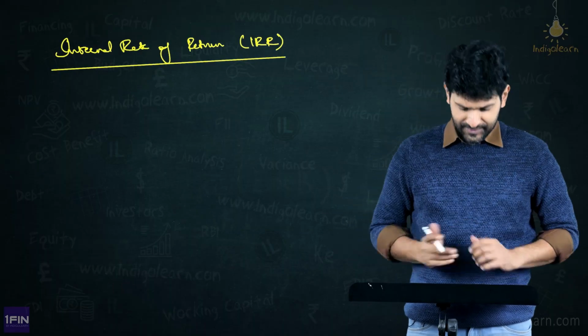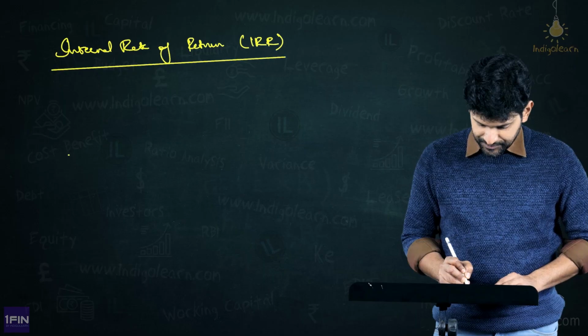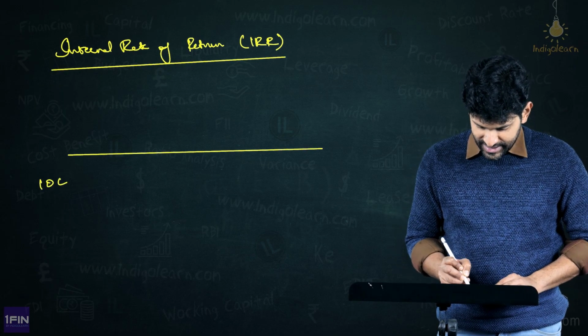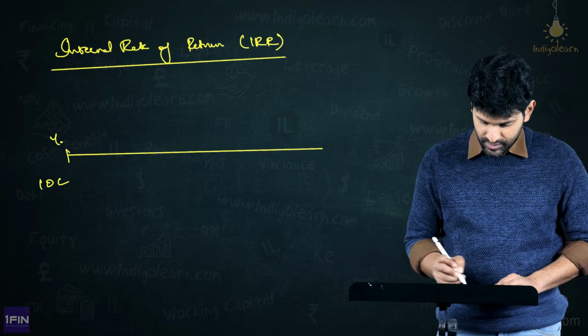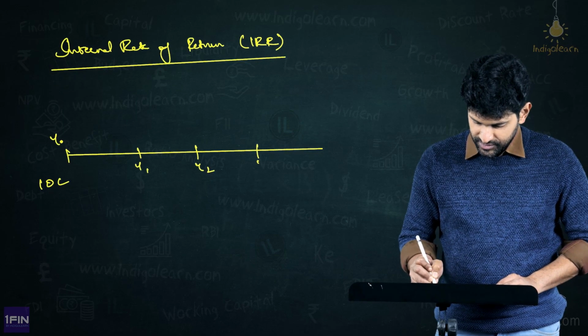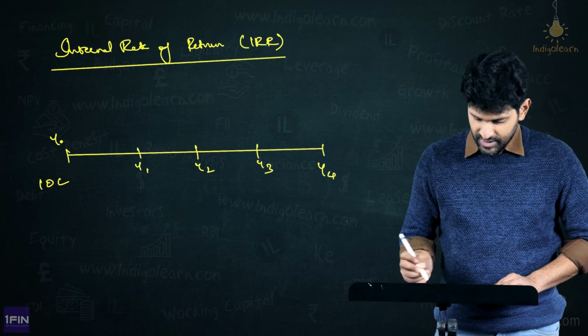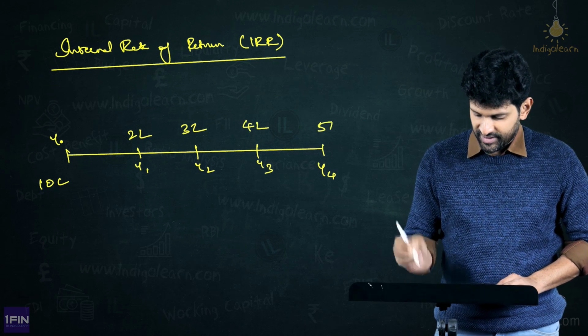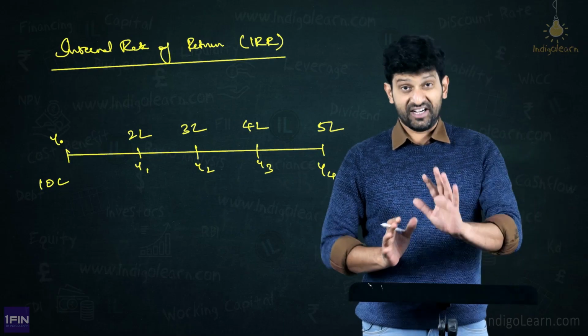Now, how do we understand? Let us say the initial investment is 10 lakhs, year 0. Now year 1, year 2, year 3, year 4. Let's say 2 lakhs, 3 lakhs, 4 lakhs and 5 lakhs are the cash inflows, CFATs.